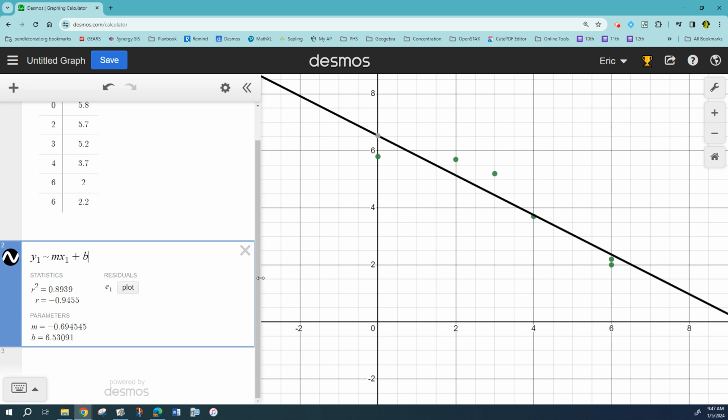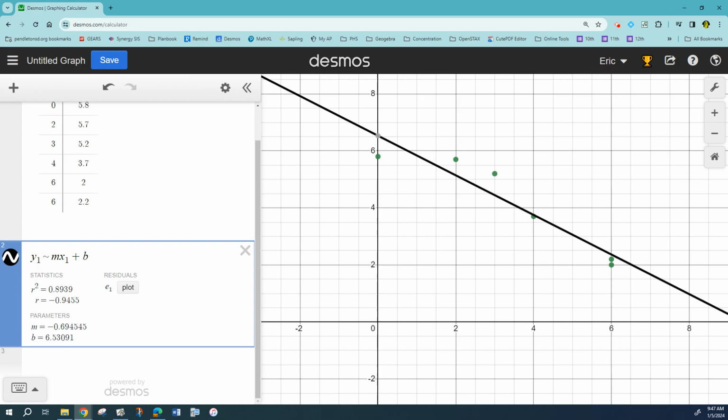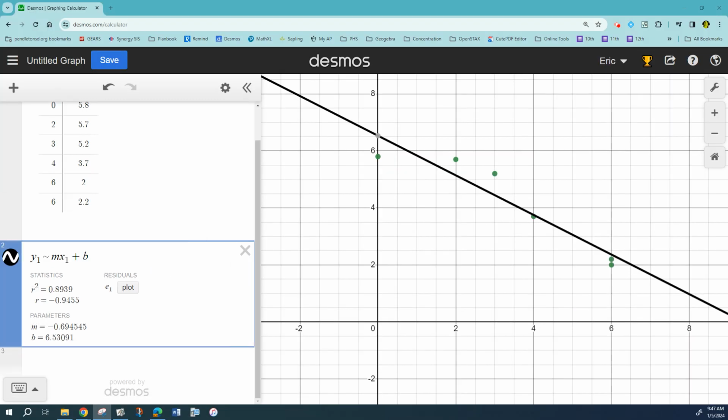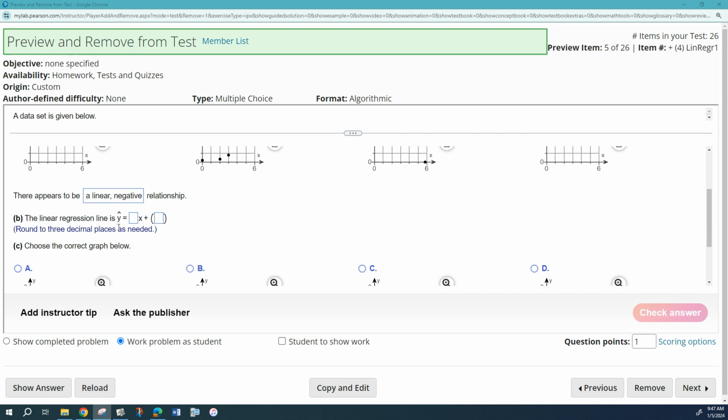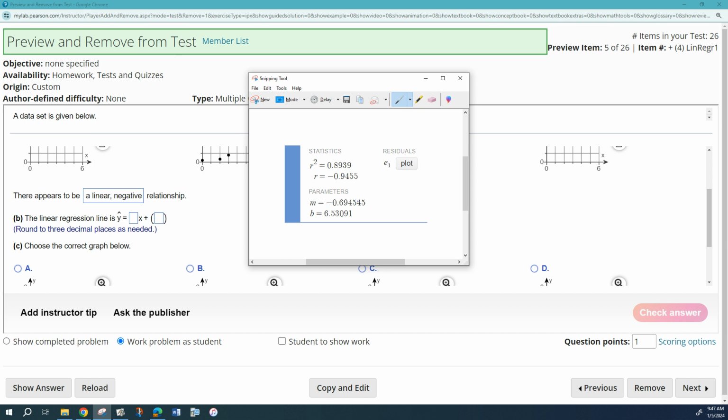All right, so then we would just take these numbers right here. Okay, so then we would go into our regression model here, and there it is, right? We're just plugging in that value of M and that value of B into the regression model, rounding to 3 decimal places.